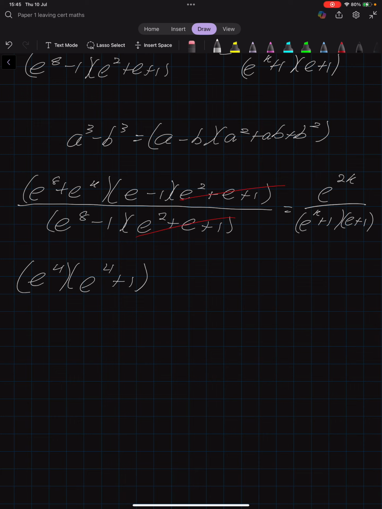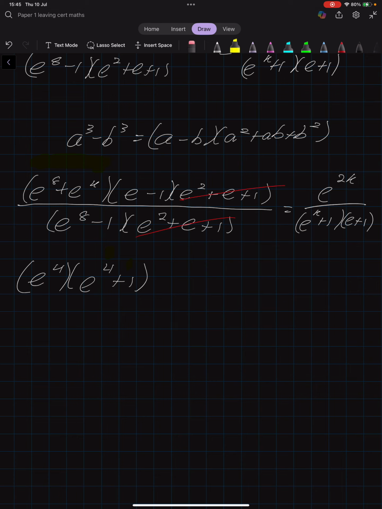So I factor out an e to the 4, so I'm taking out an e to the 4 out of this guy. If I divide by e to the 4, I do 8 minus 4, which is e to the 4. And I do 4 minus 4 is 0. E to the power of 0 is 1.